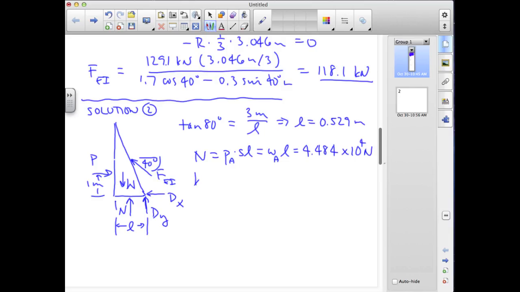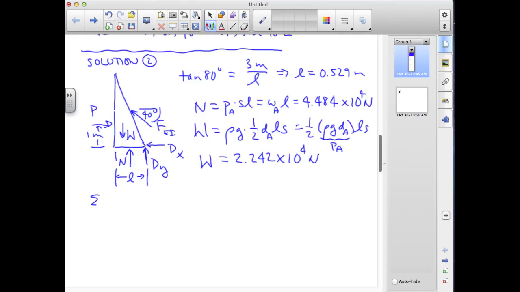If we evaluate the weight of the concrete inside, that's a specific gravity times the volume, which is 1/2 times the depth at A, the 3 meters, times the length L times S. We might note that that's 1/2 the pressure at A times LS. So this value is actually going to be just half of N. It's going to be 2.242 times 10 to the 4th newtons.